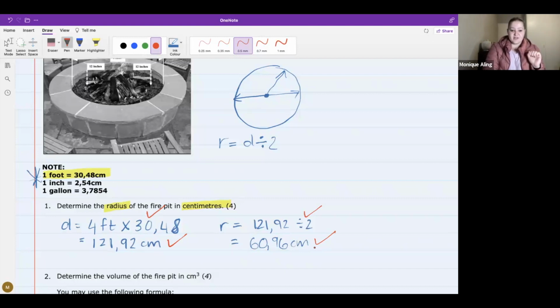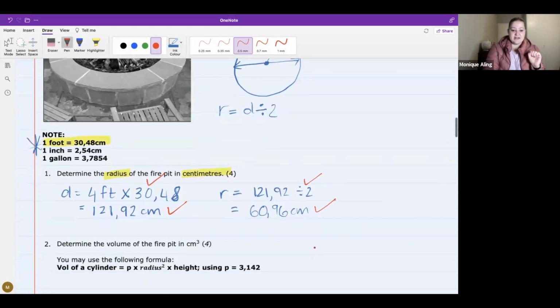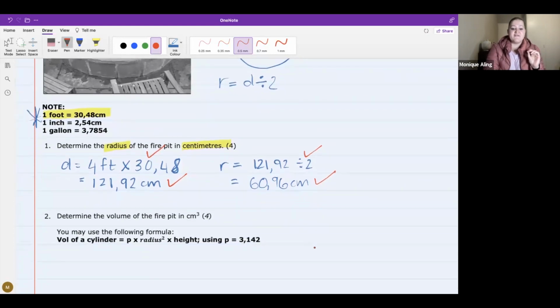Okay, so now keeping that in mind, question 2 says, determine the volume of the fire pit in centimeters cubed. You may use the following formula. Okay, so P is pi. I don't know why that symbol changed there. Times radius squared times height. And pi is going to be 3,142.